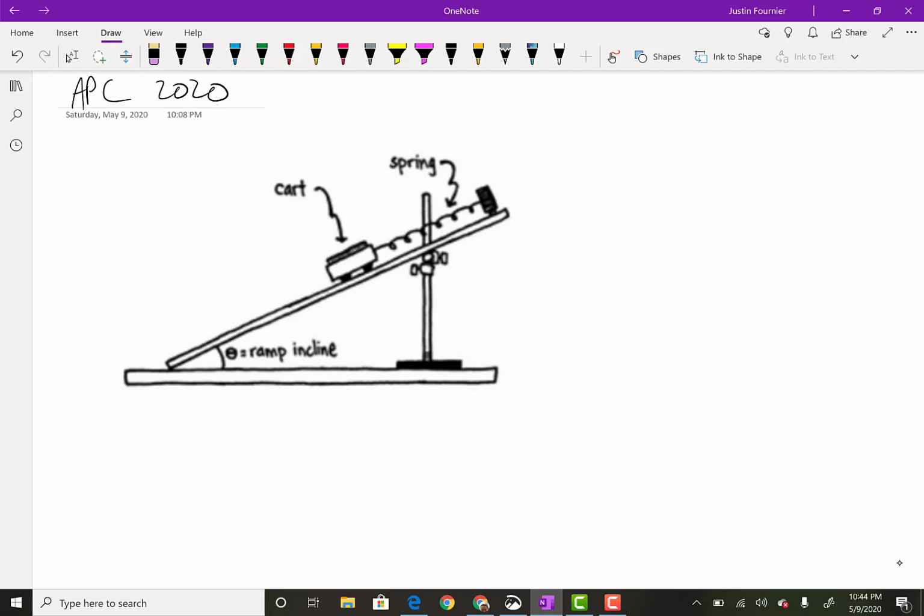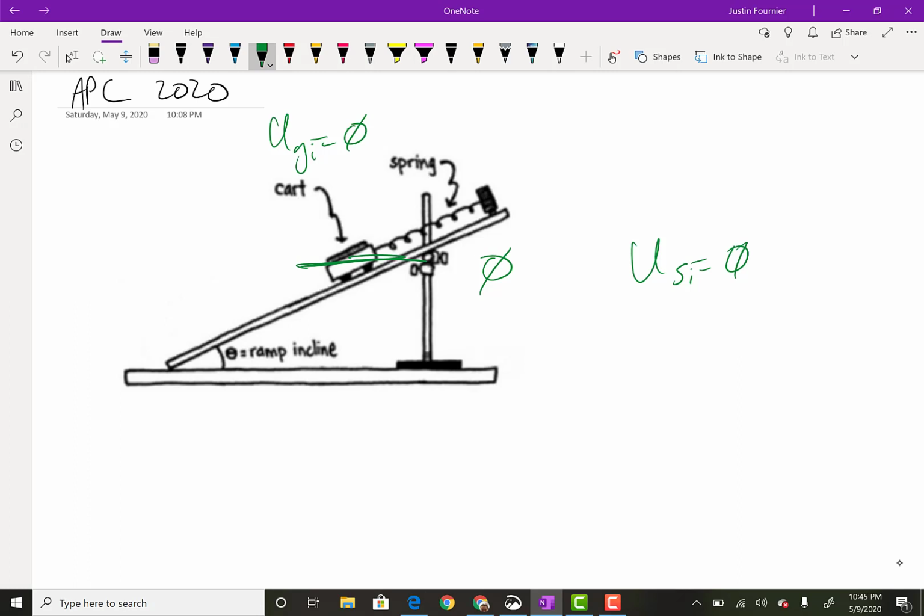So let's say the cart right now is at equilibrium for the spring, and let's say I call this my 0 mark. So right now I've got gravitational potential energy equal to 0, and spring potential energy equal to 0, right? The cart is at equilibrium, and it's at my 0 mark that I arbitrarily called 0.